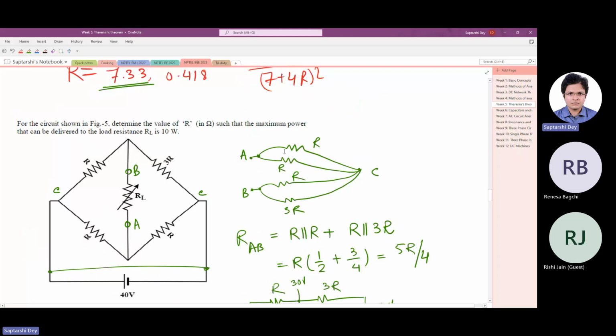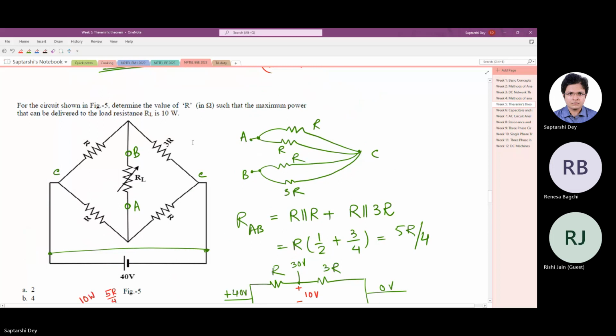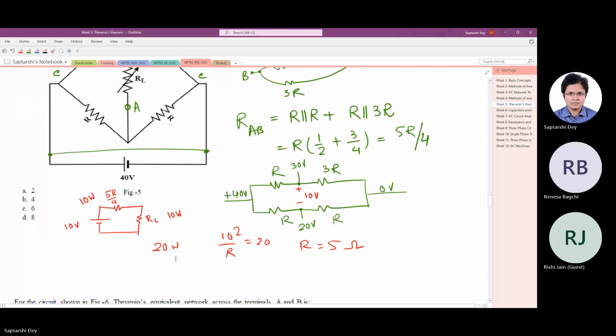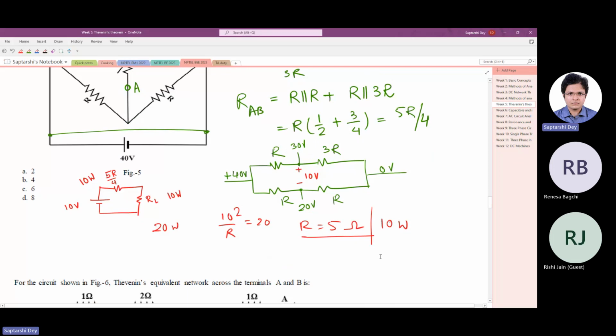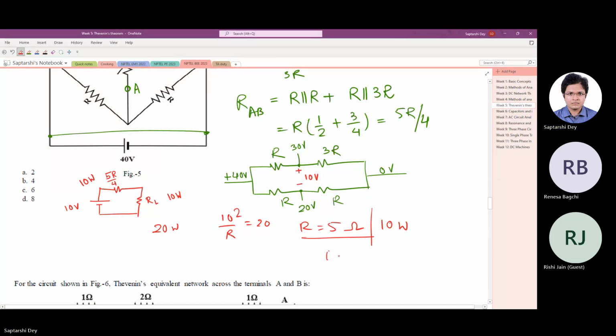Now, do we know something? So 5 watt, 10 watt or 20 watt, 10 watt. So I is how much?